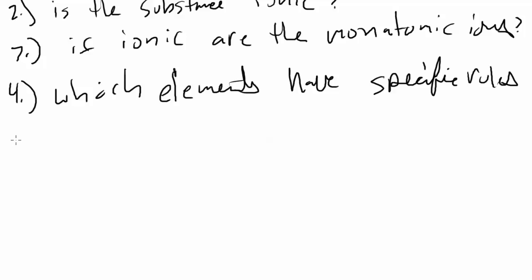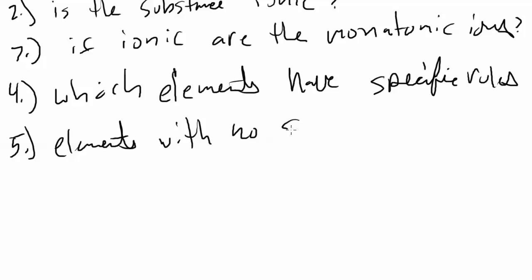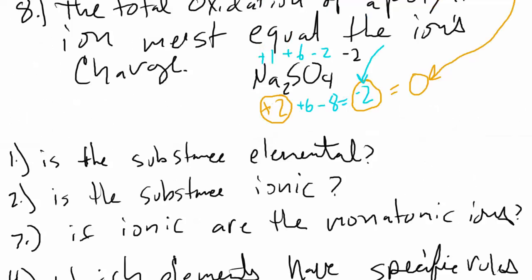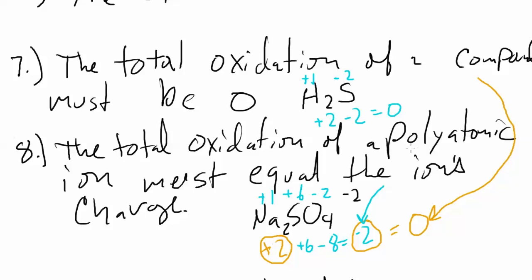And then if there are elements without specific rules, then you have to use the last two that I gave you here to calculate their charges, like I did with the sulfur in both cases, because sulfur doesn't have a rule. So in the top compound, it was -2, but in the bottom compound, it was +6, and I found that out by using these two rules, the 7 and 8 that I gave to you.